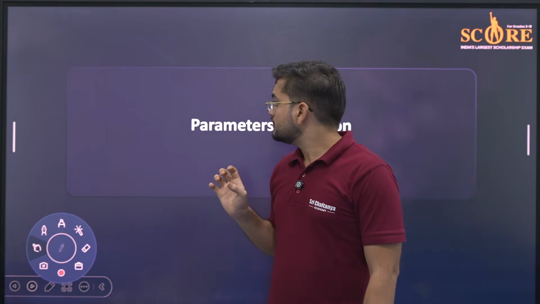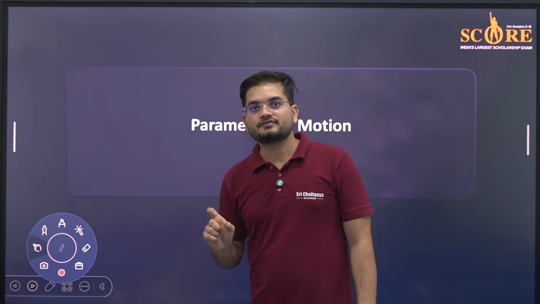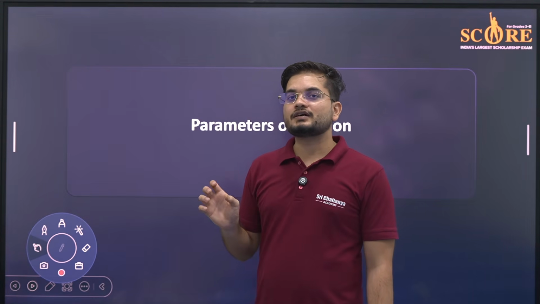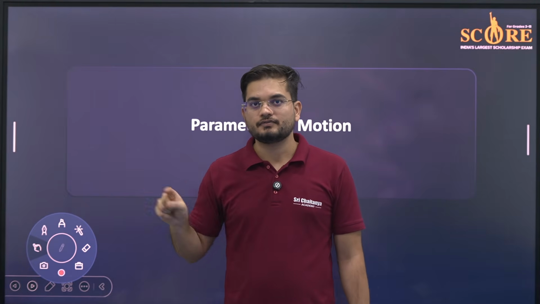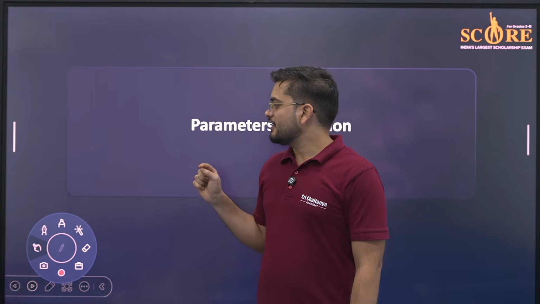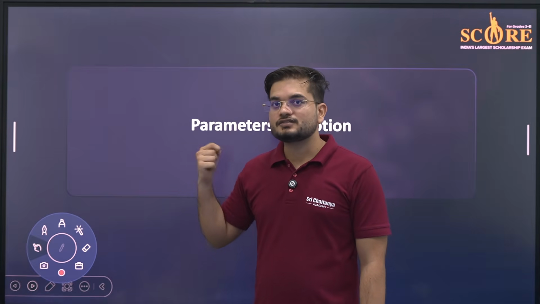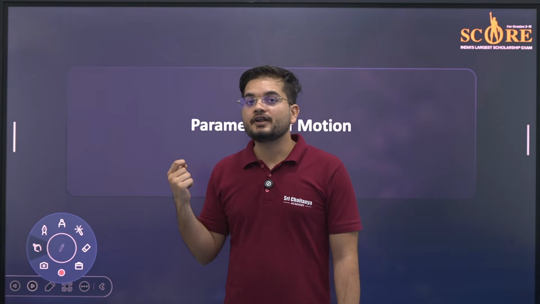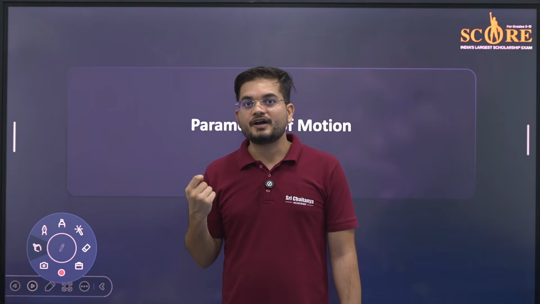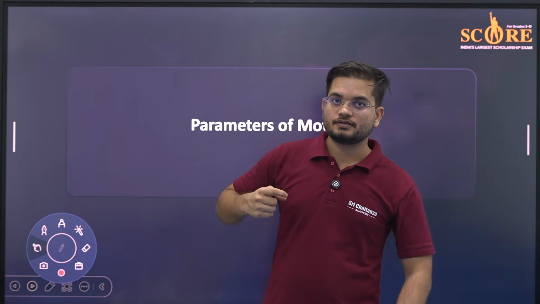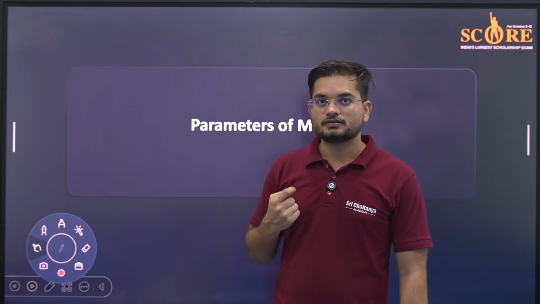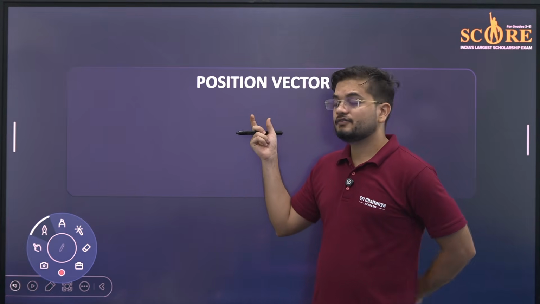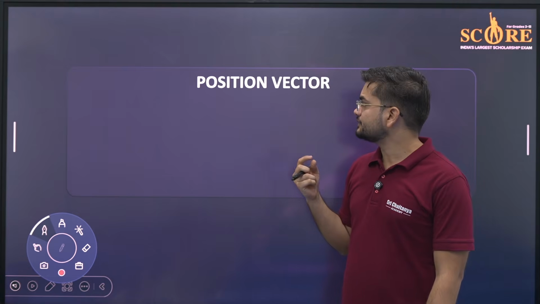And in this chapter, kinematics 1D, we will discuss only motion in a straight line, motion along a straight line. So when we discuss these quantities, we will also derive formulas of velocity and acceleration by using them. Got it?